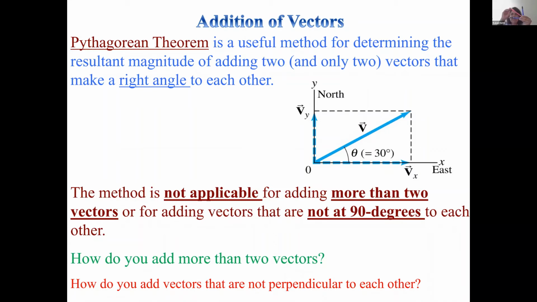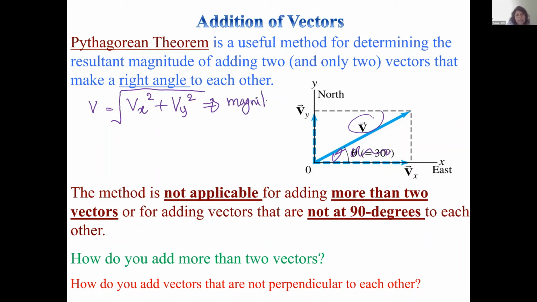How do you find this vector? The Pythagorean theorem that you learned in elementary school will help you find the magnitude. V equals the square root of the x component squared plus the y component squared. That gives you the magnitude of the resultant vector. How do you find the direction? Any vector should have a direction.